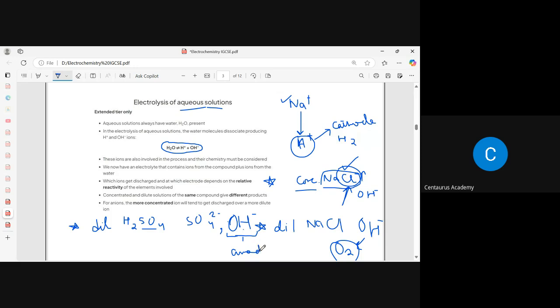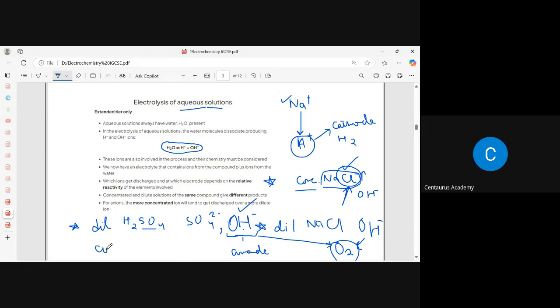So for dilute hydrochloric acid and sulfuric acid, hydroxide ions are deposited. Hence they produce oxygen gas, or you say that oxygen gas is evolved at the anode.